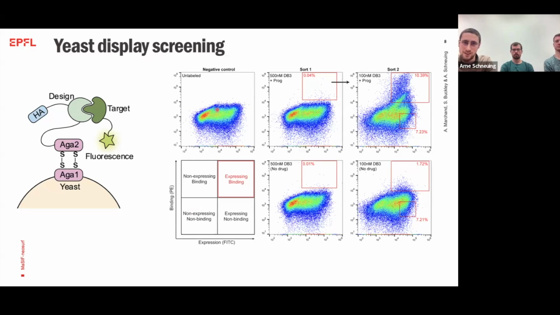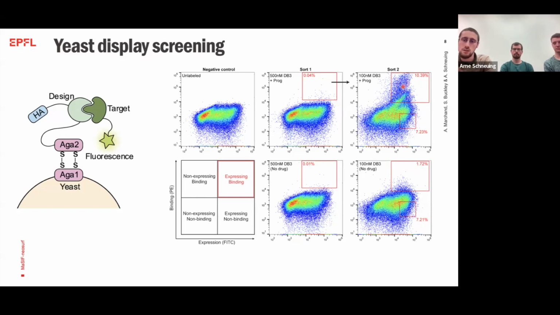Here this yeast does not express your protein, and here they do express it. Once you add the ligand with the protein target, you see some yeast that start to bind. Then if you do a second sort, enrich this, put it in culture and try again, you see more yeast that express the design and bind to your target of interest.